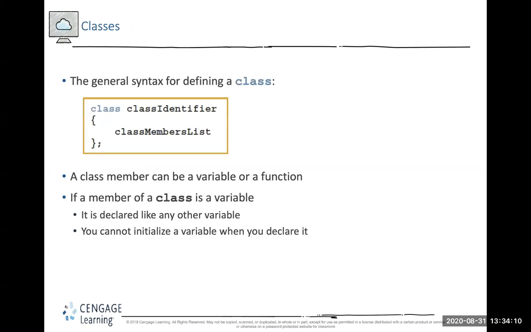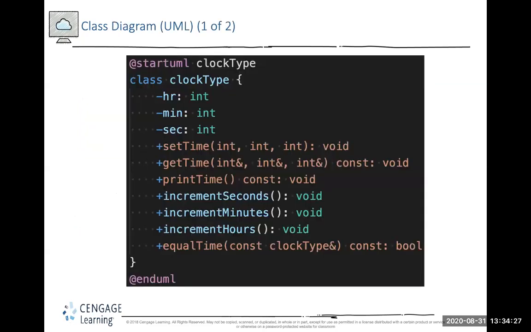Now let's look at the classes. So this is the general syntax for defining a class. You have an identifier, the name of the class, and then you have a members list, variables and functions. Now here's a simple class. This is using PlantUML as a tool to generate a class diagram.